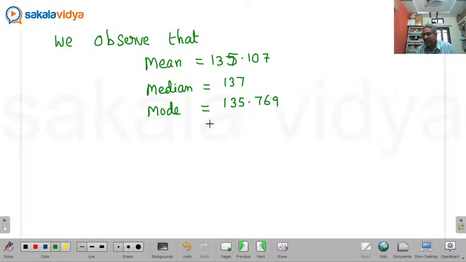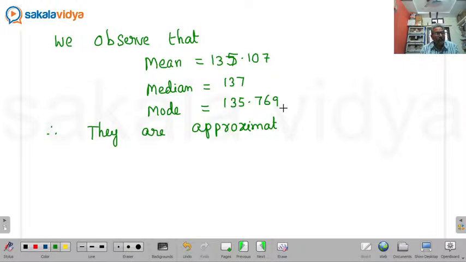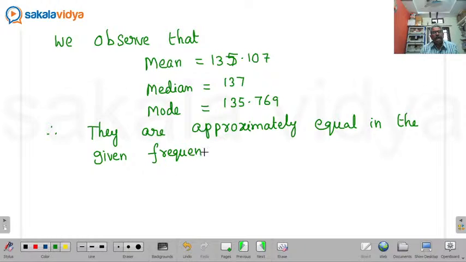If you just compare, they are approximately equal. Therefore, they are approximately equal in the given frequency distribution. So this observation can be made.